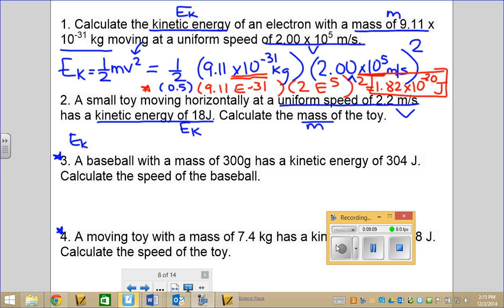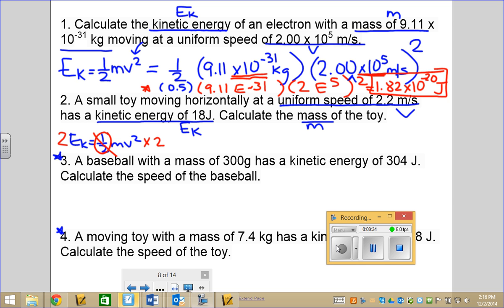If I start with the original formula, I want m to be all by itself. So that means I have to start moving things, and to get rid of things, I have to do their mathematical opposite. So to get rid of this half, or 0.5, I multiply by 2 on both sides of the equation.